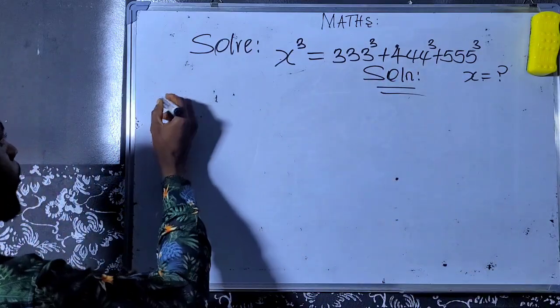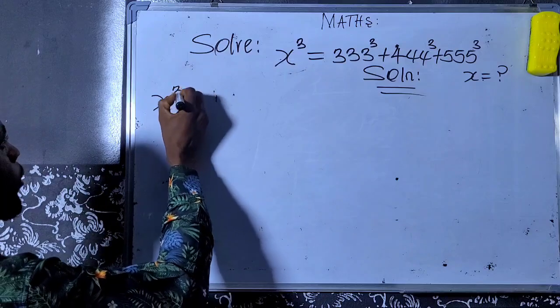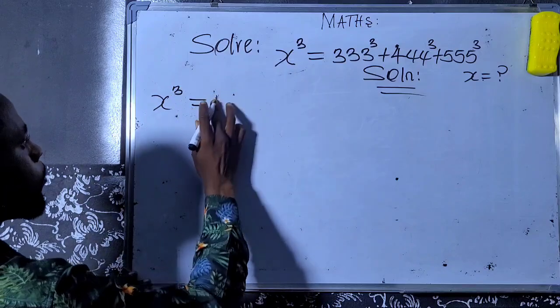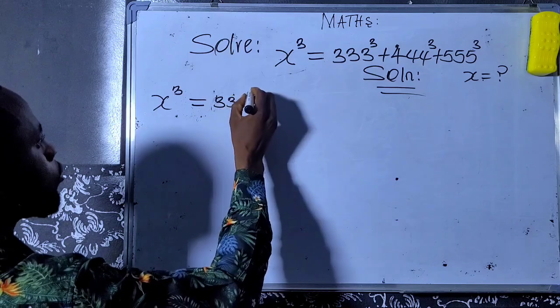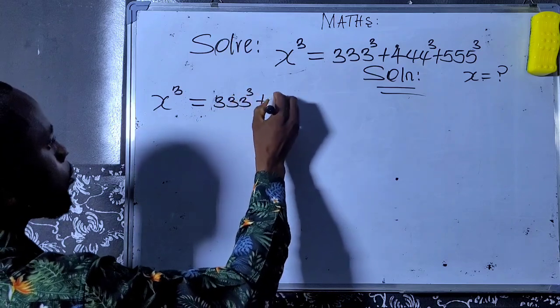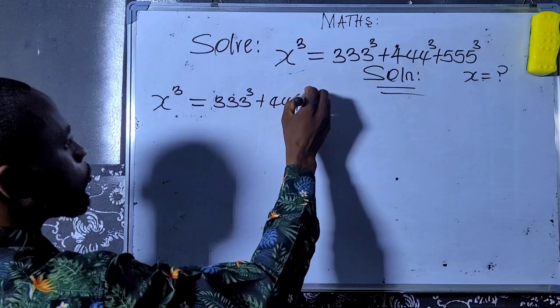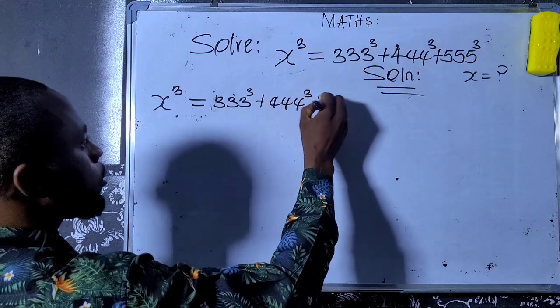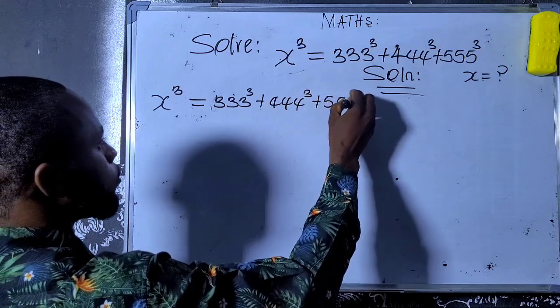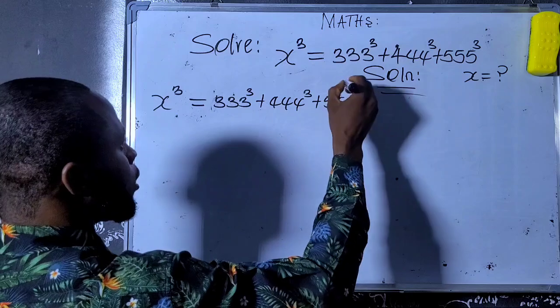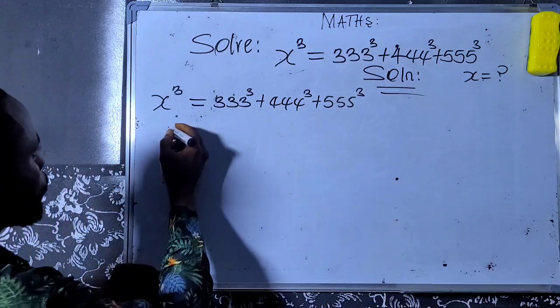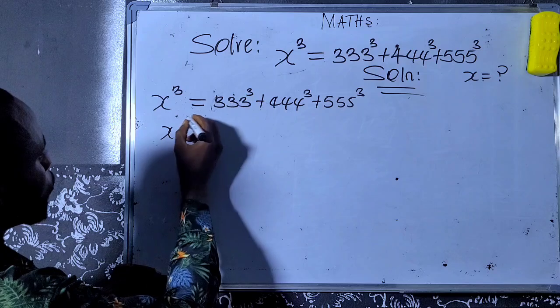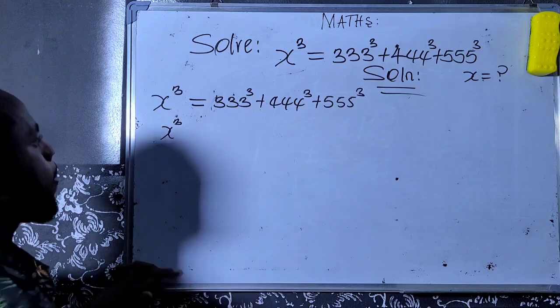We have x to the power of 3 equals 333 to the power of 3 plus 444 to the power of 3 plus 555 to the power of 3. Here we are going to have this x to the power of 3.